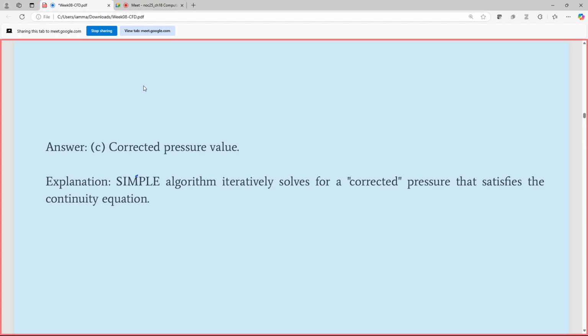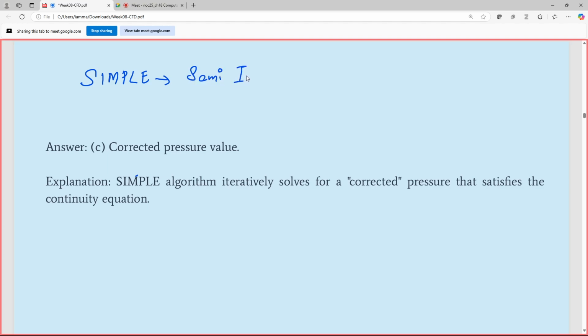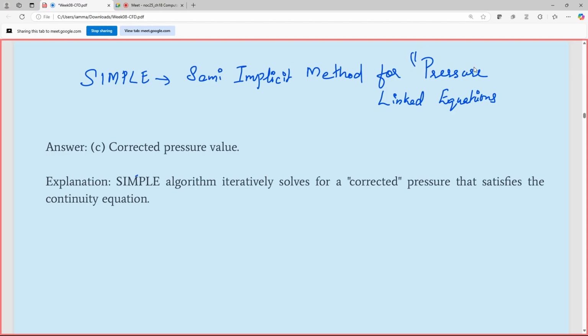The SIMPLE algorithm is short for Semi-Implicit Method for Pressure Linked Equations. So this is the P, or pressure.